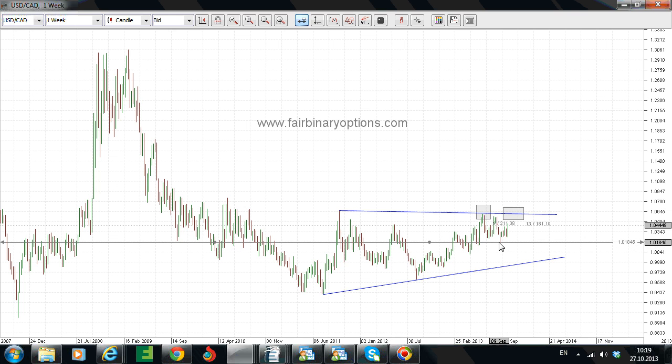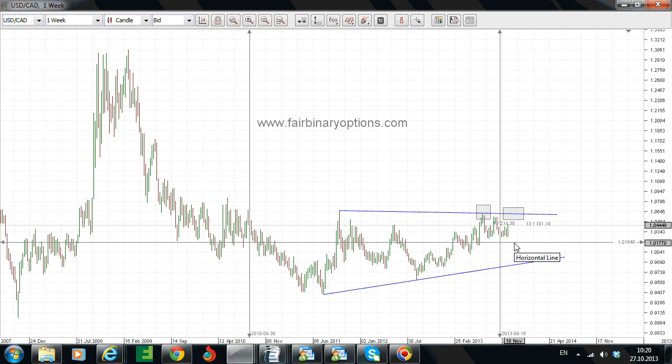It means that the whole triangular formation that started from here, not necessarily from here, but from the end of the triangle, so from here, and went all the way on the right side of the chart until this level, and what's here on the right side, normally this is the beginning of the new move.